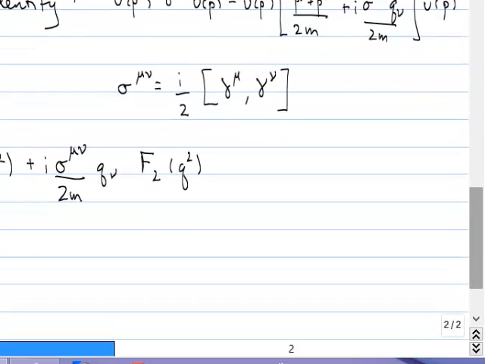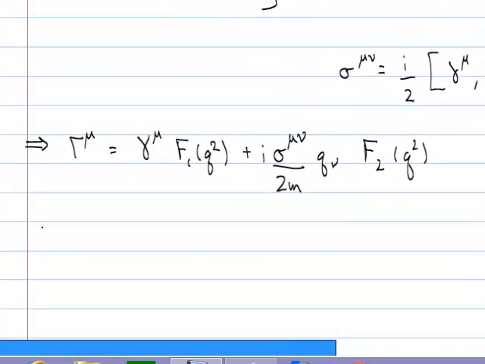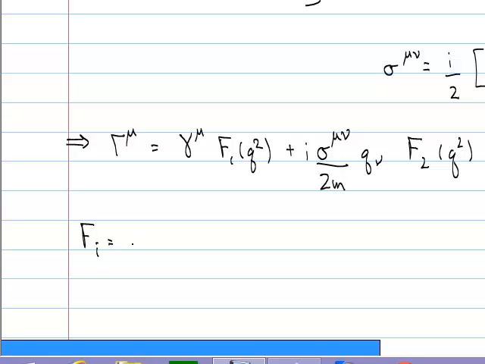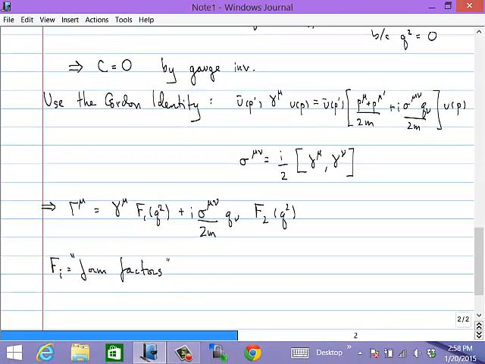So f1 and f2 are two functions that describe the quantum corrections to this electron vertex. They're quite important. They're usually known as form factors. And you should think of them as two functions that parameterize how the shape and the interactions of an electron are corrected by quantum corrections to the classical electromagnetism.